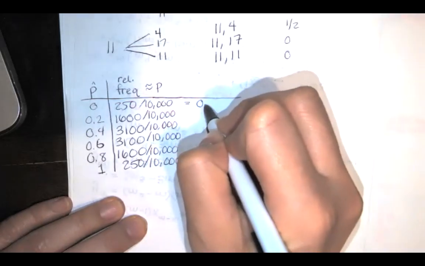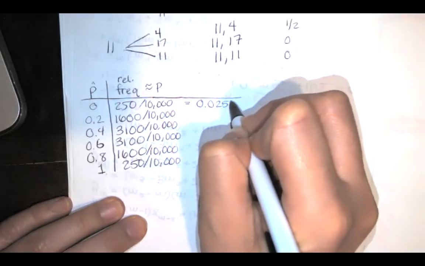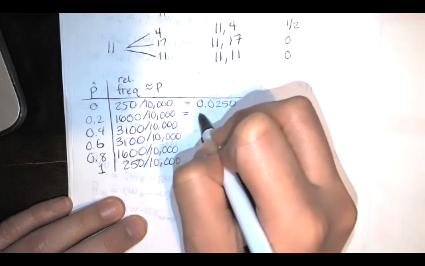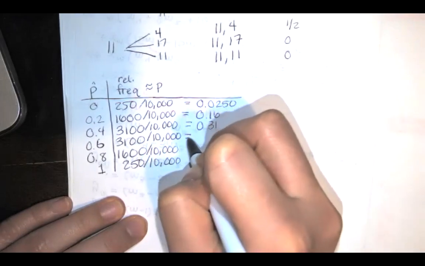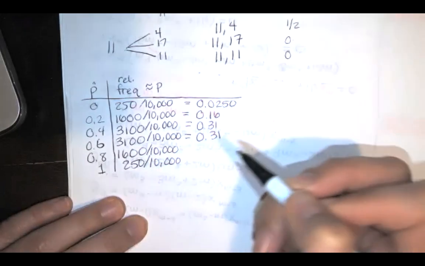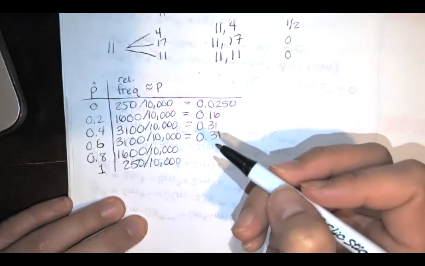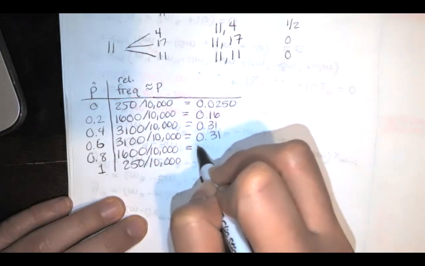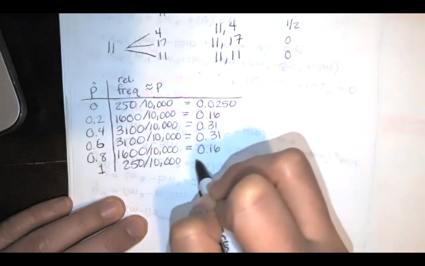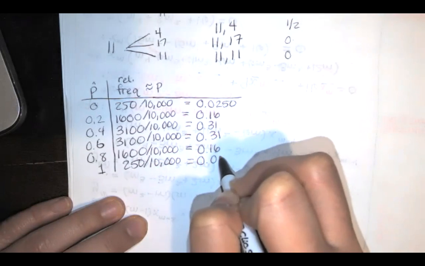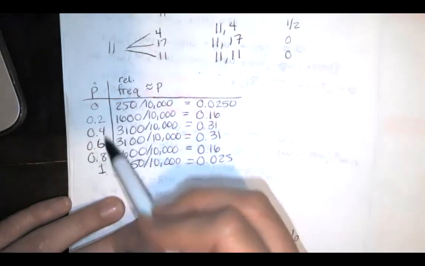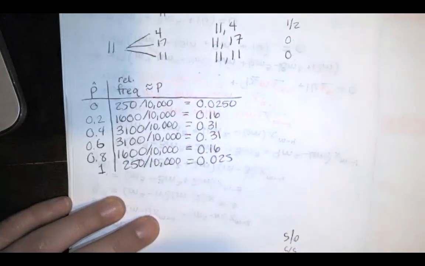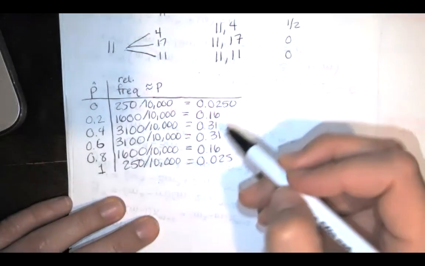So we should have 0.025, 0.16, 0.31, 0.31, 0.16, and 0.025. Now these may not add up to 1 because I was estimating this by reading the graph, but let's see, what do we get?